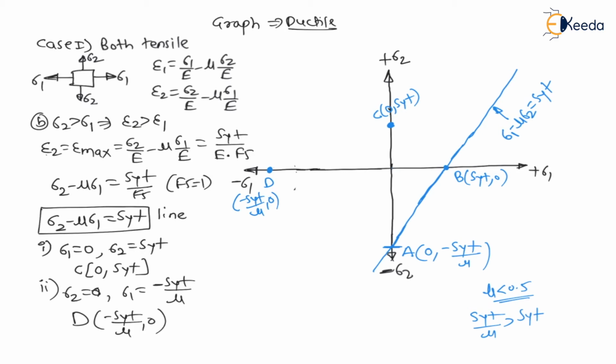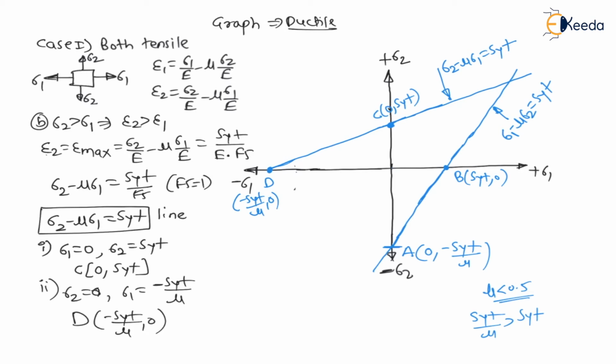Now join C and D, extend this line, and join it with the previous line, right? For this line, the equation is sigma 2 minus mu sigma 1 is equal to Syt. Now these two lines will meet at a point.